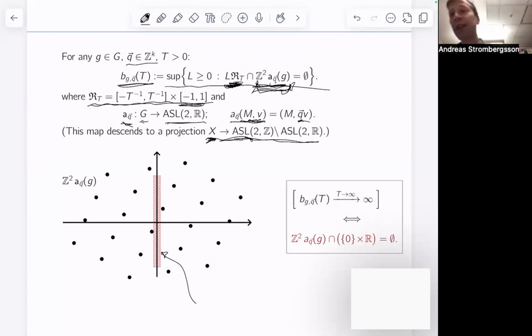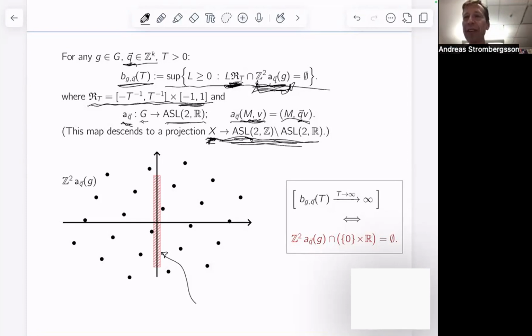For instance, 3 times the first point minus 5 times the second point. That's again a well-defined point in the torus. And what this map does is Q tells us which integer linear combinations to take. So we have a k-tuple of points in the torus fiber, and we take Q1 times the first point plus Q2 times the second point, and so on. And that gives me one unique, well-defined point in the torus. So that's this projection here.